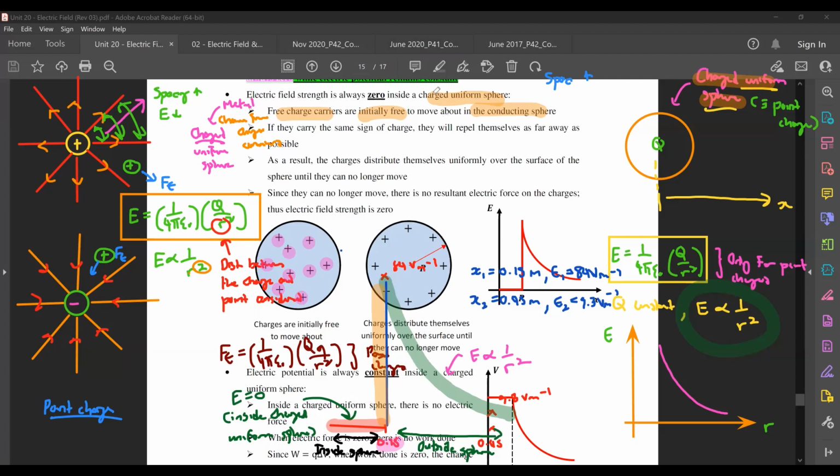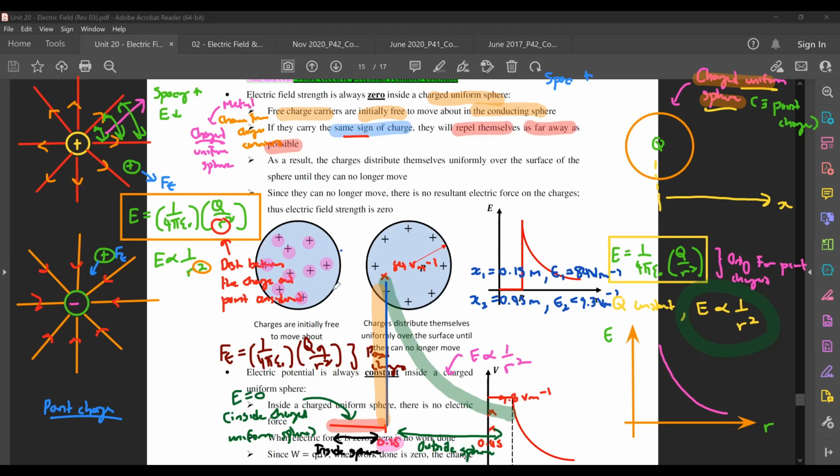Okay, but the thing is that your charge carriers normally carry the same sign of charge. It could be all positive, it could be all negative. All right, say for the sake of our discussion it is all positive now. Because they all carry the same sign of charge and they're free to move about in the first place, they will tend to repel themselves as far away as possible.